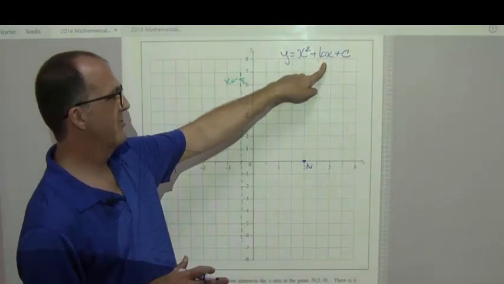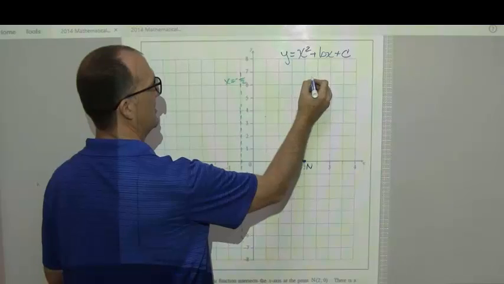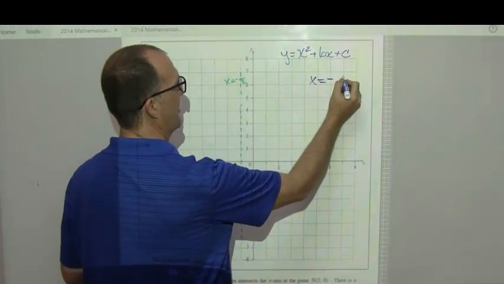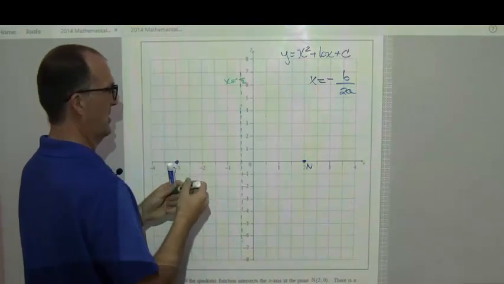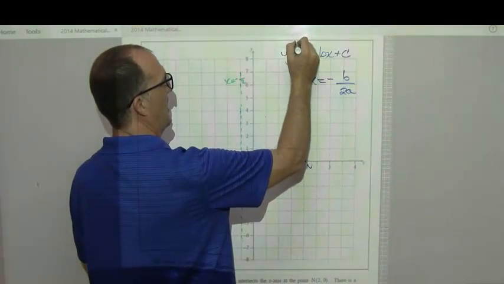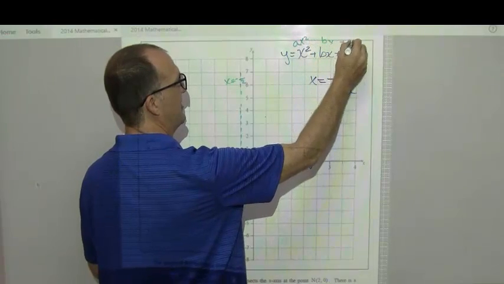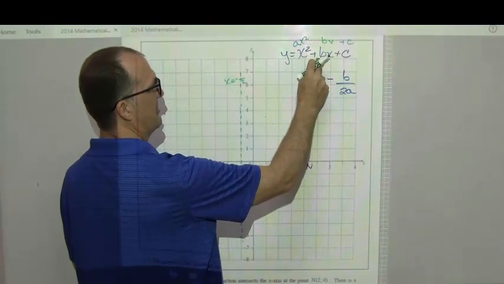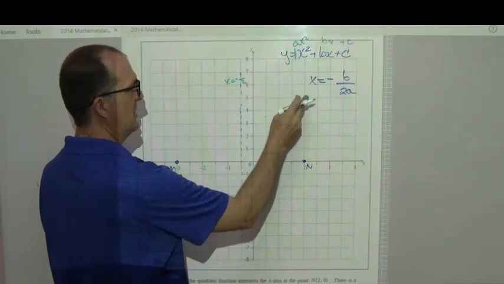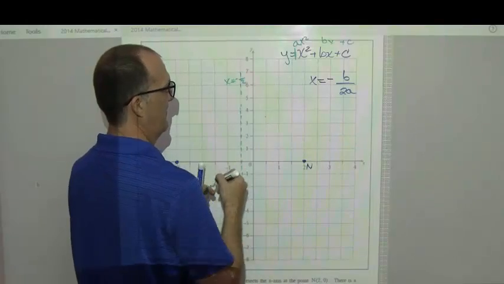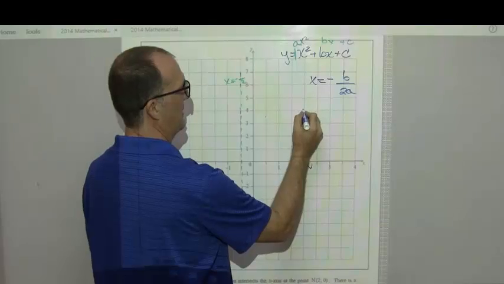So the simplest way to find b is that the axis of symmetry formula is the negative of b divided by 2a, where we have ax squared plus bx plus c. So my b is here, my a, I can fill in that 1, and I know that x is -1/2. So I can solve for b now.